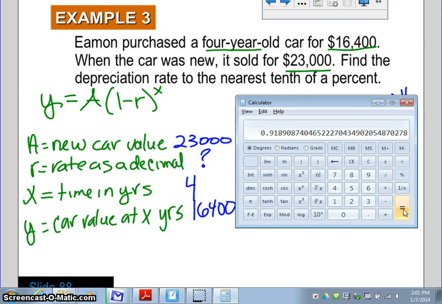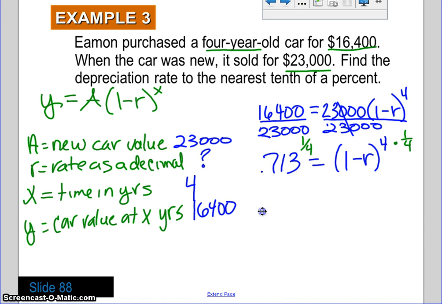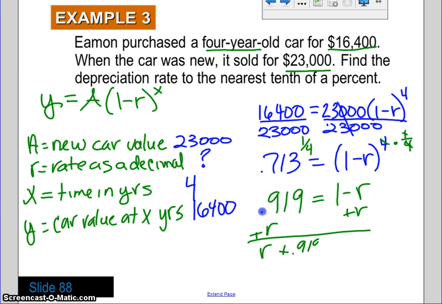0.9189. Now it's asking us to go to the 10th of a percent, and I need to move it over twice, so I need to go out at least 3. So that's going to round to 0.919 equals, well, 4 times 1/4 does away with the power altogether. Now we're going to add our r to both sides, and we get r plus 0.919 equals 1.